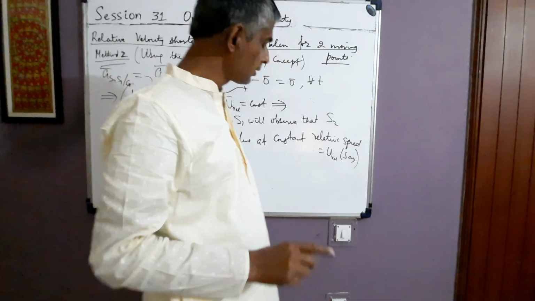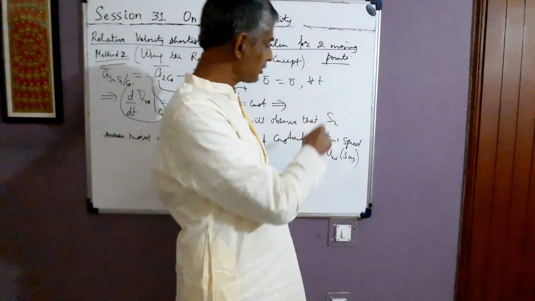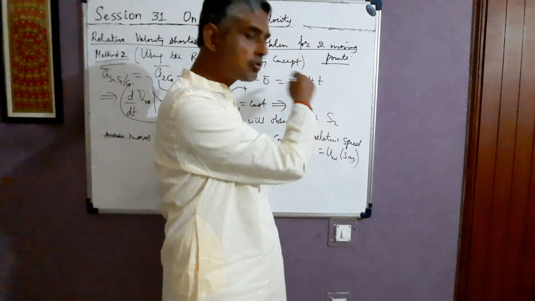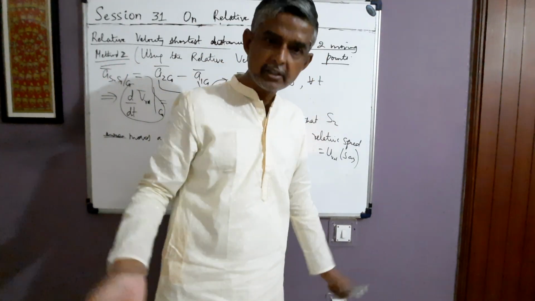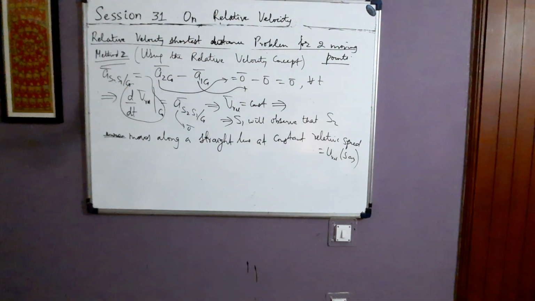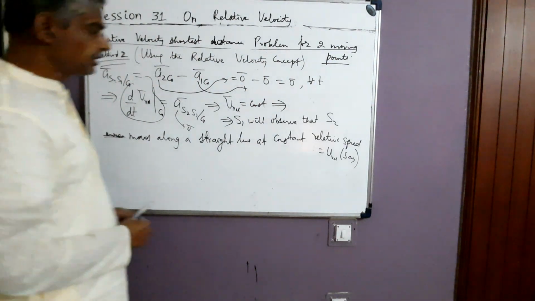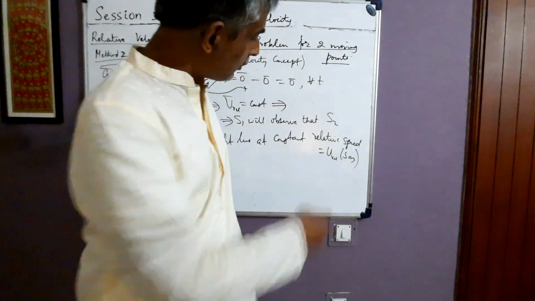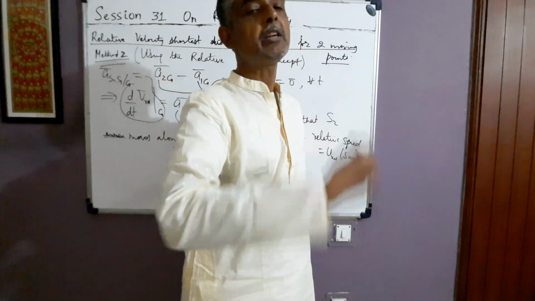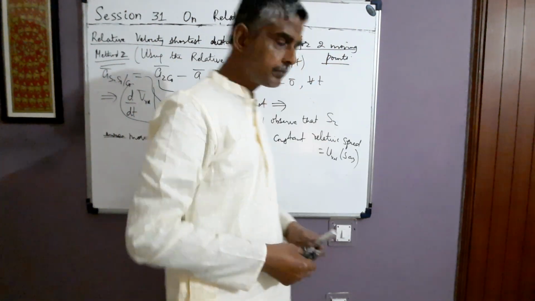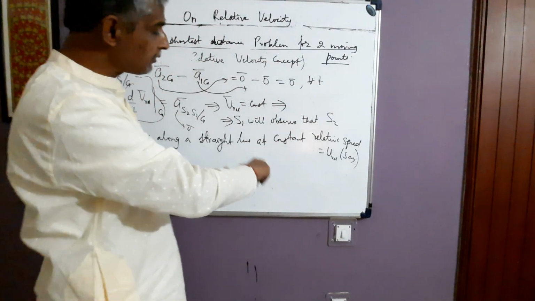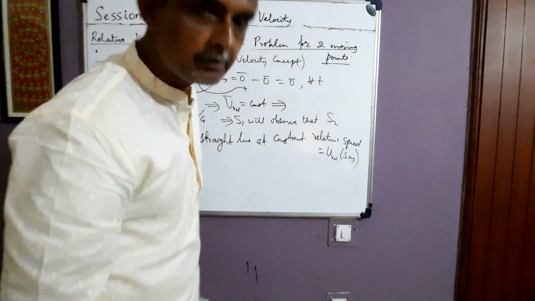So we find the relative velocity between these two ships at time 0, and that will also be the relative velocity between these two ships at any other instant because it is constant. So first we find the initial relative velocity of S2 with respect to S1. As I mentioned just now, I am solving the problem as seen from the frame of S1, okay.